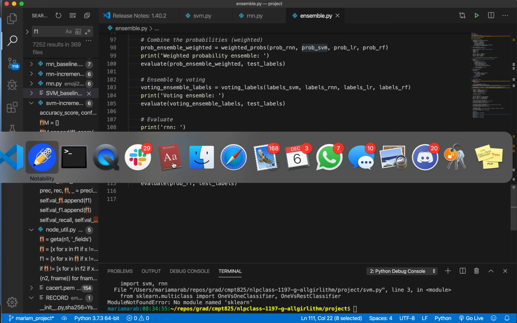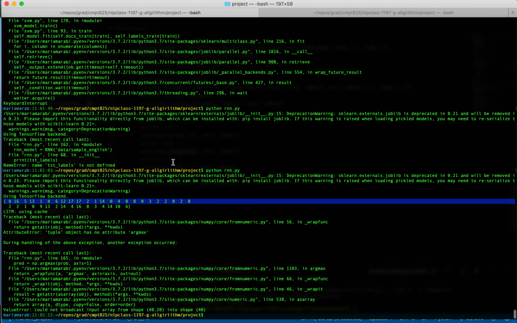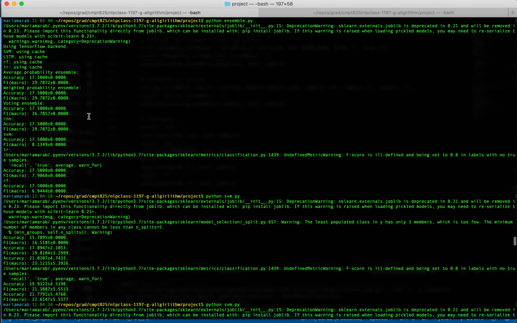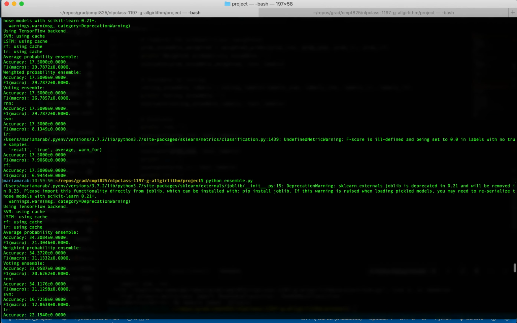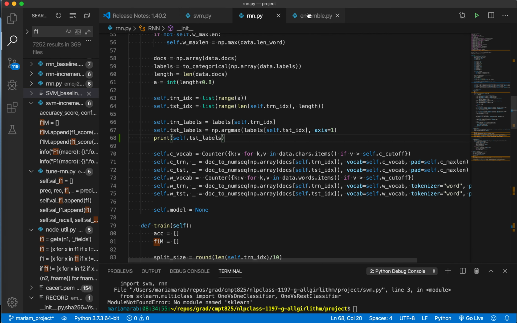I'll just share the scores I got for the ensemble. Alternatively, we can say that the RNN is the baseline, and we're trying to improve it with the SVM, logistic regression and the random forest. But it wouldn't really be a dramatic improvement, because let me just run the ensemble on 15K examples.